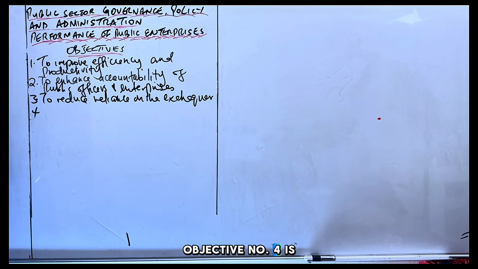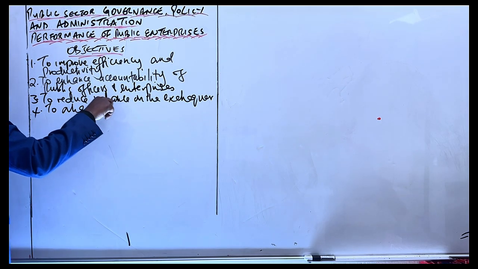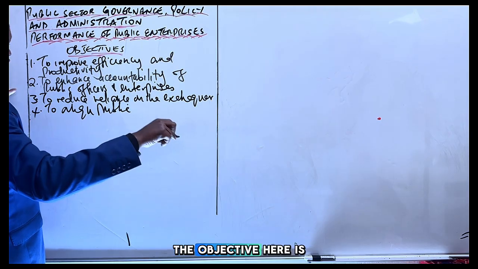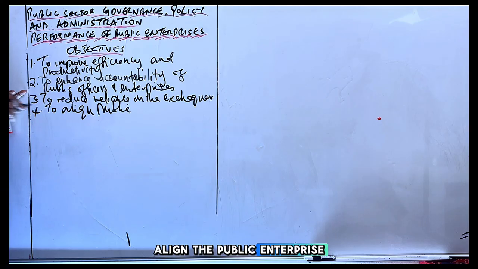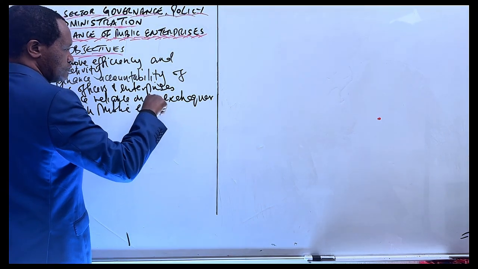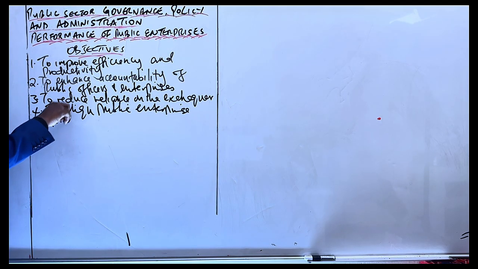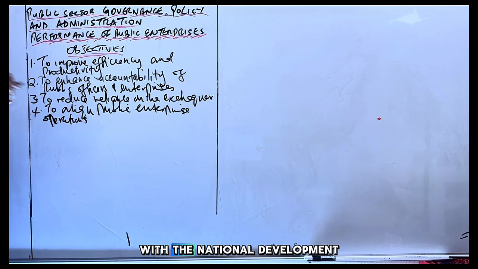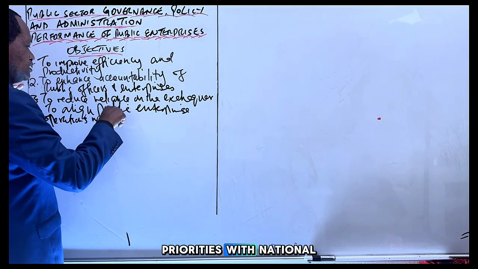Objective number 4 is to align public enterprise operations with the national development priorities. The objective here is to align the public enterprise operations with the national development priorities.